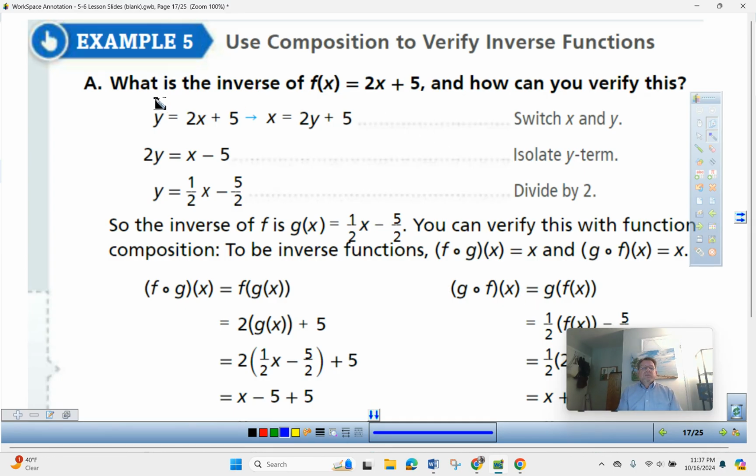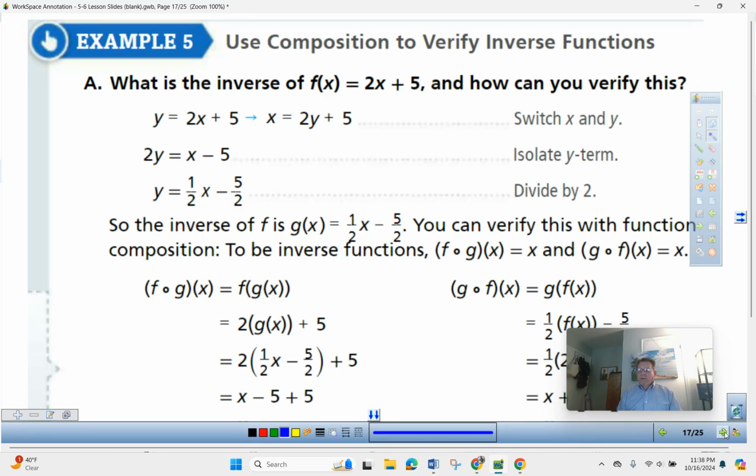So what is the inverse of this function? Number one, they switched x and y, and then they isolated the y term. They subtracted 5 from both sides, and then they divided everything by 2, and so they got this guy here.